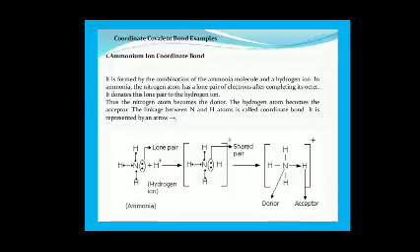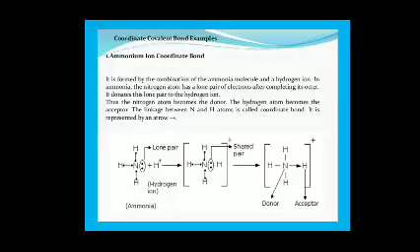In the nitrogen atom, in its valency there is one lone pair of electrons and three unpaired electrons. These three unpaired electrons combine with three hydrogen atoms to form three covalent bonds, and one lone pair of electrons is also present. Here ammonia acts as the electron pair donor.